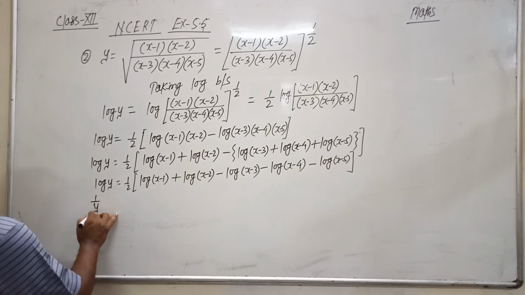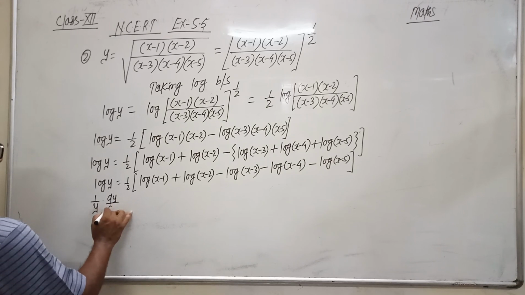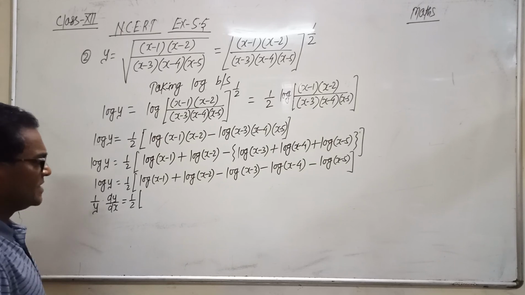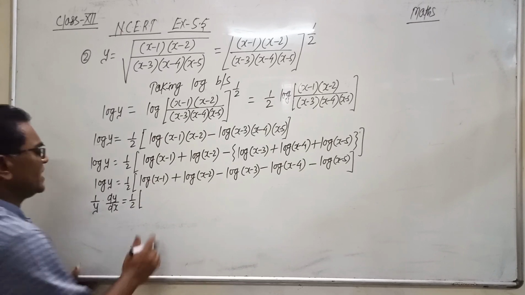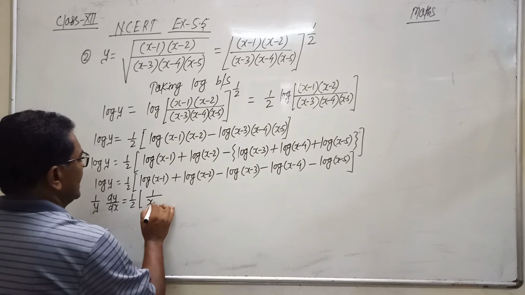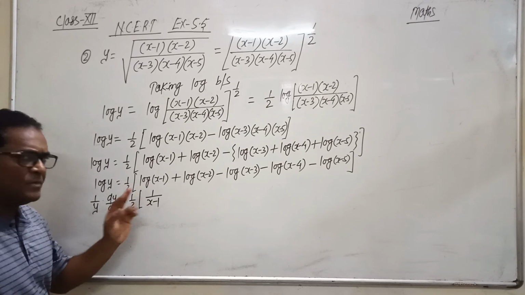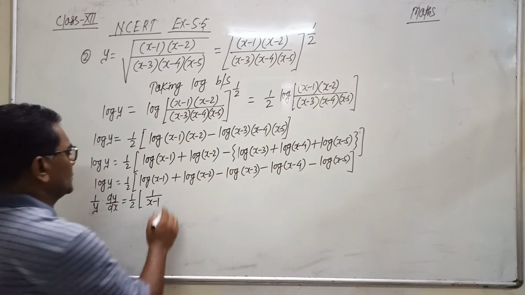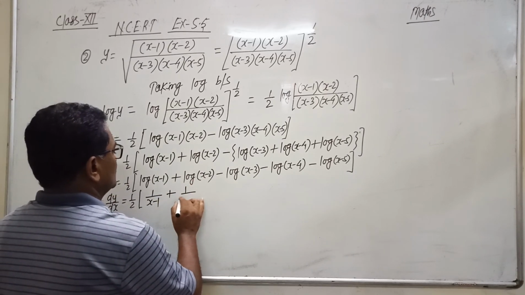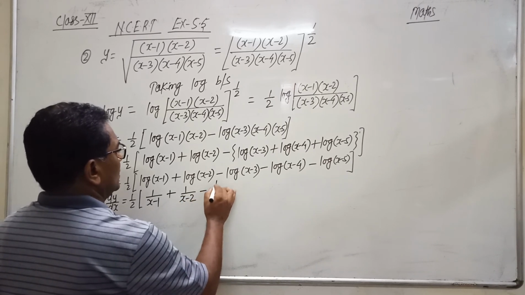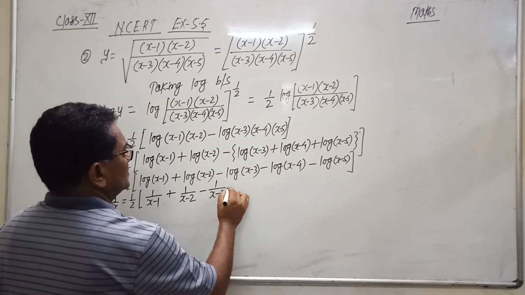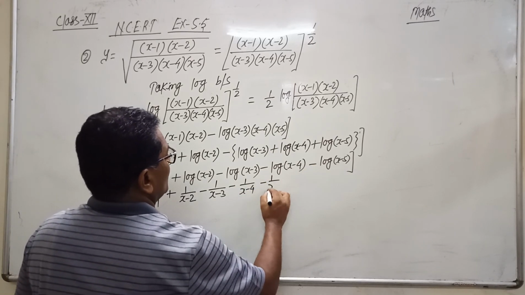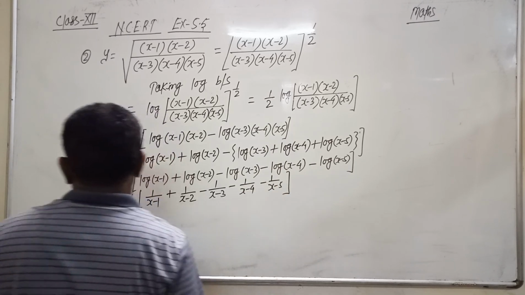So differentiation of log y is 1 by y into dy by dx. Differentiation of log (x minus 1) is 1 by x minus 1, then drop log, and differentiation of x is 1 and differentiation of 1 is 0. Log of x minus 2 gives 1 by x minus 2, minus 1 by x minus 3, minus 1 by x minus 4, and minus 1 by x minus 5.